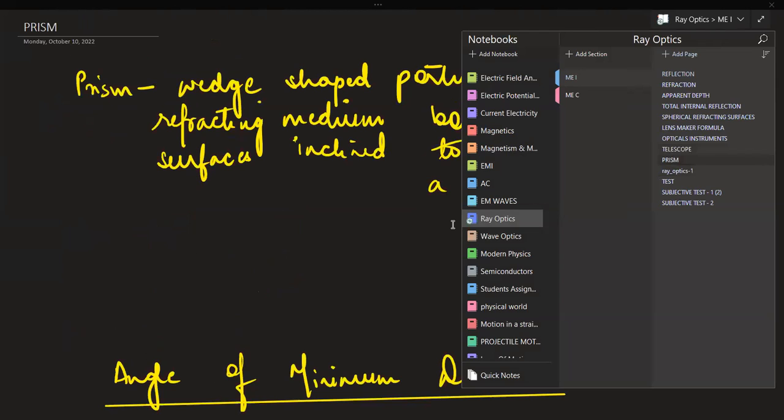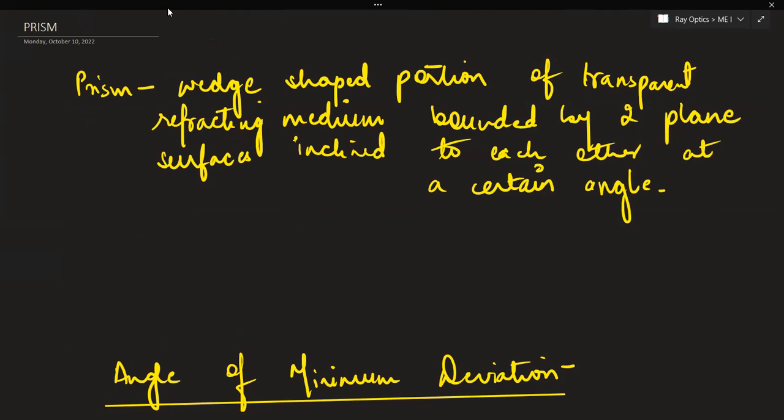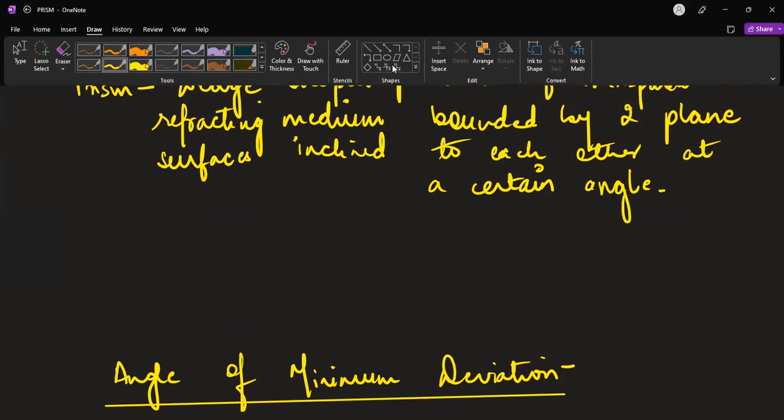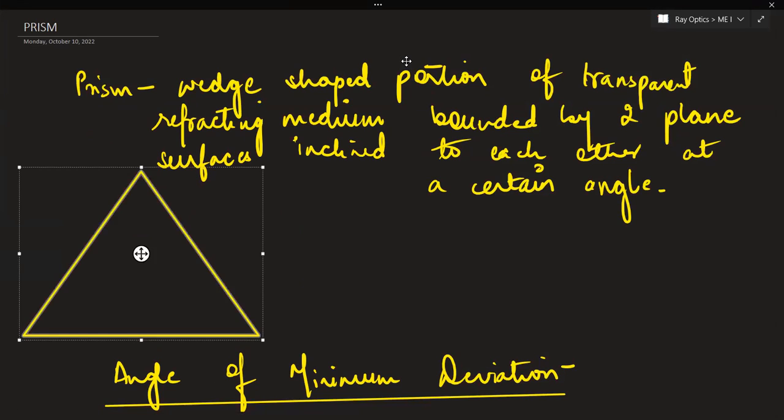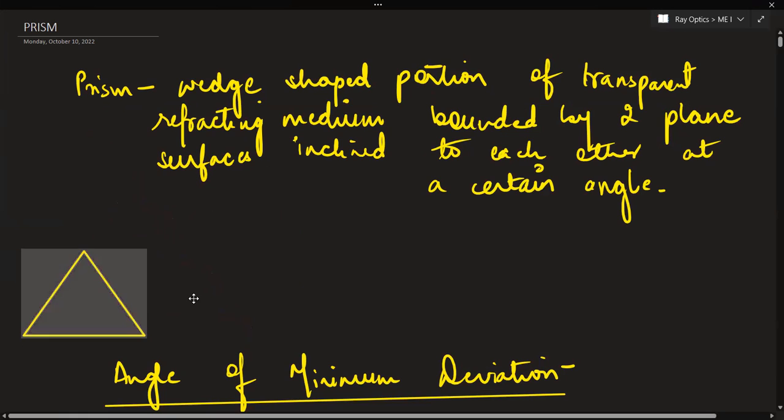Okay, class. Prisms are basically wedge-shaped portions of transparent refractive medium. Basically, you have two triangular portions. We are able to observe this triangular portion, right?